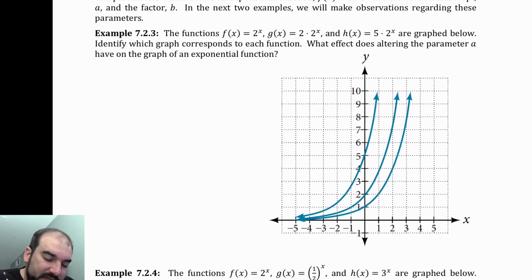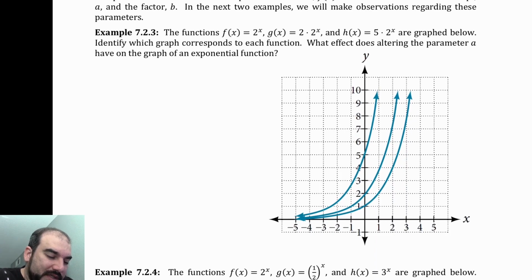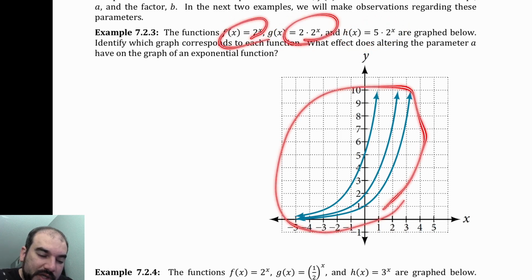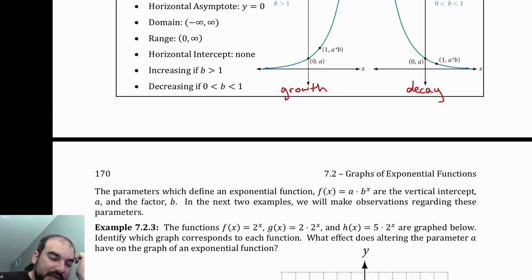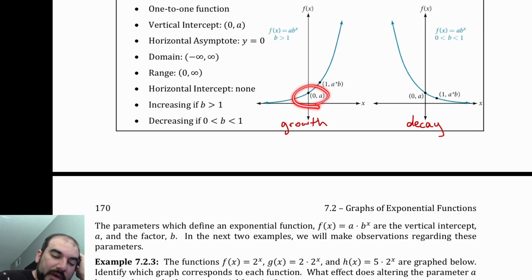Looking at graphs and determining which, so this example gives you three functions and says these three functions are these three graphs. And you kind of have to do a little matching, right? You might identify which graph corresponds to each of the functions. This is easy if you know that the graph always crosses at (0, a) and it goes through (1, ab).